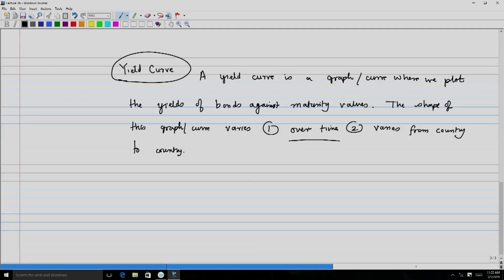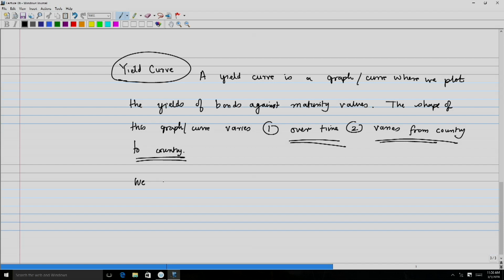So, for the first observation, when I said it varies over time, that means for different maturities you will have different rates that are applicable. And my second observation, that it varies from country to country, means that the interest rate prevailing for a certain period of time or certain maturity will keep changing as you look at bonds for various different countries.